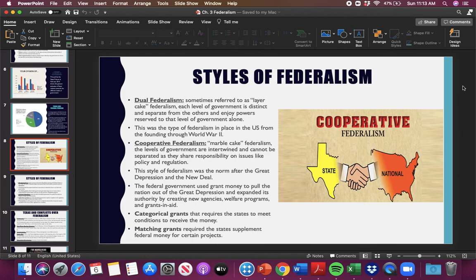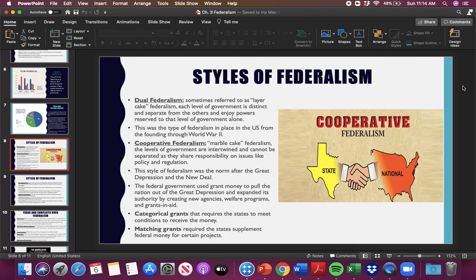And so they did not go into each other's affairs. They only handled the responsibilities given to each level of government. This is called dual federalism because it tends to just look at the state and the federal government, not local. And layer cake is kind of how it's illustrated.